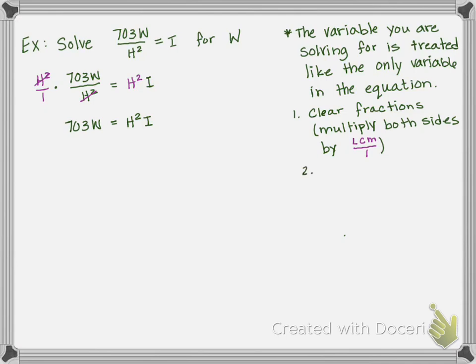So after clearing fractions, again, we're not solving quadratics. This has an exponent, but it's not on our variable. Remember, w is our only variable, so because there's not an exponent on our variable, that h squared is just some number. So we don't have to think of this as a polynomial equation. We can still think of it as linear because there's no exponent on the w.